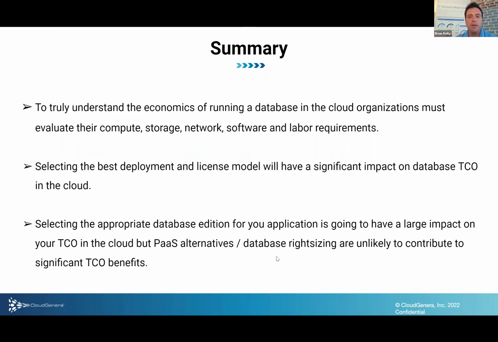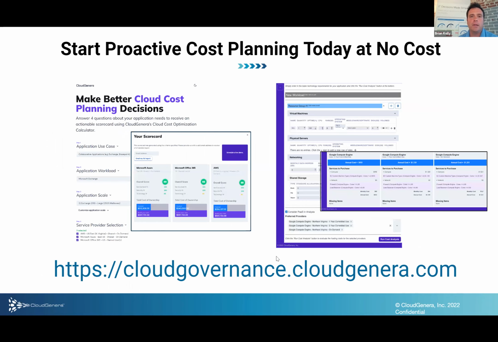So one of the things available is the opportunity to leverage some of our utilities to run through these models. We have a portal where we're going to load some of these database examples that we walked through, but make it more interactive. You could manipulate the scale, change some of the requirements around security and availability, and surf the different providers. That's available on CloudGenera.com.